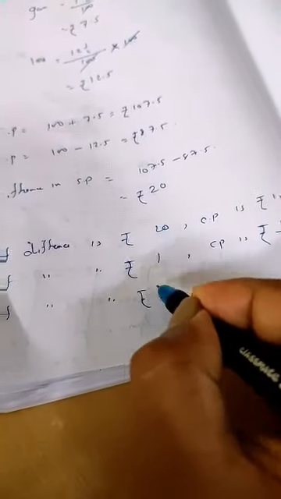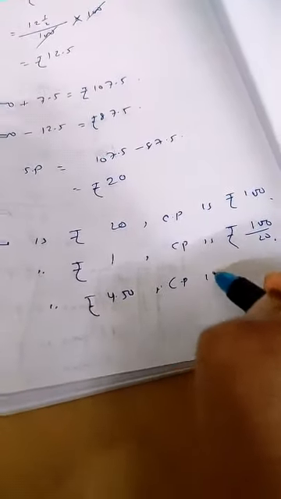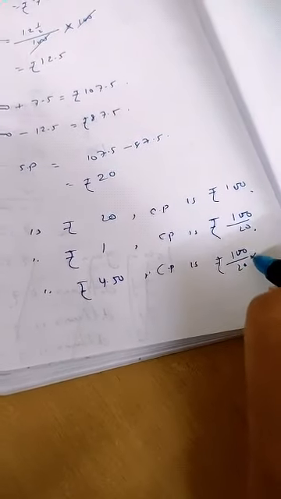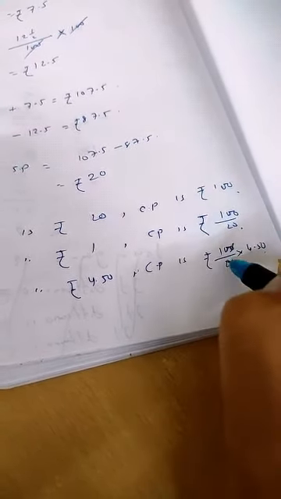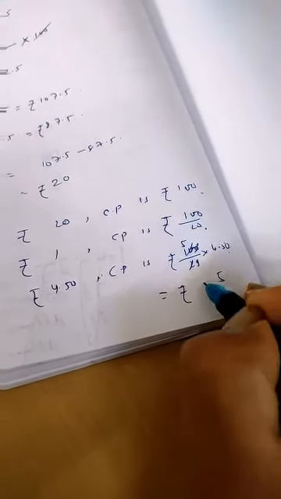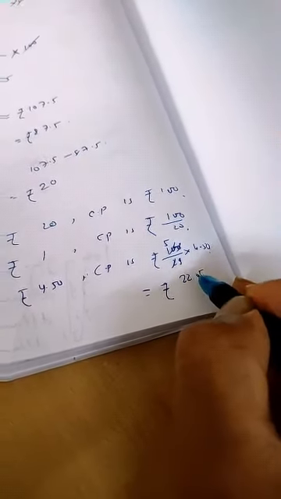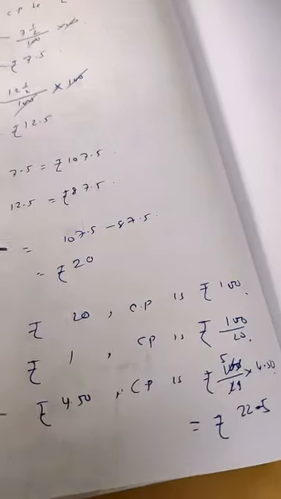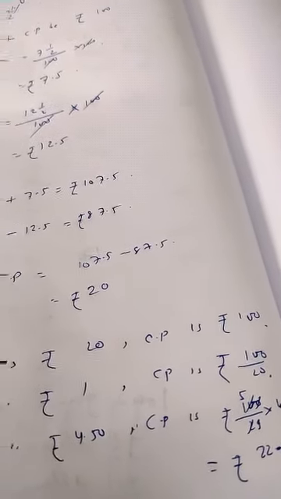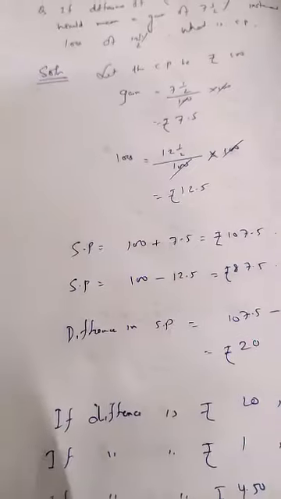If the difference is what is given, 4.50, then cost price will be equal to what? It will be 22.5, rupees 22.50. Okay. So this is the second question.